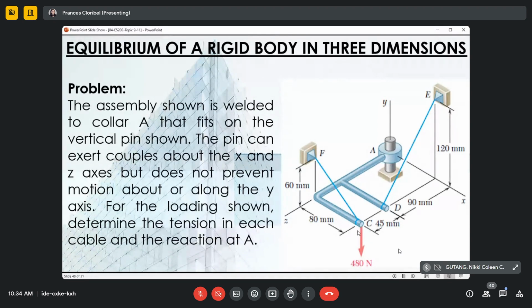So for your free body diagram, your forces would be the tension in cables CF and DE, and what else?